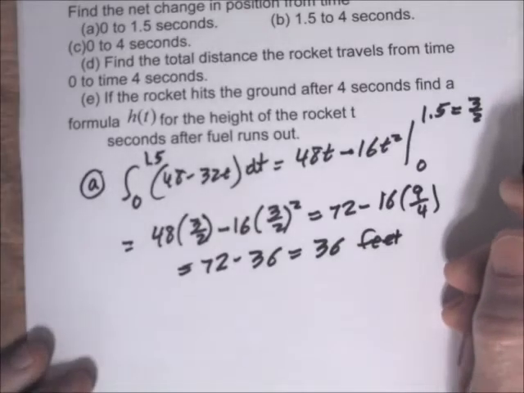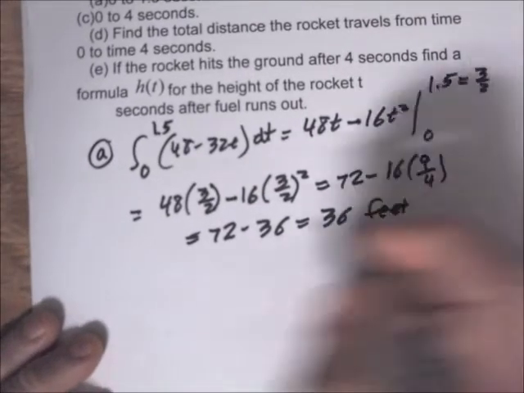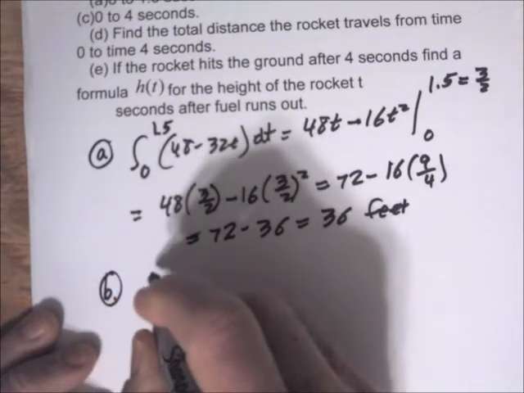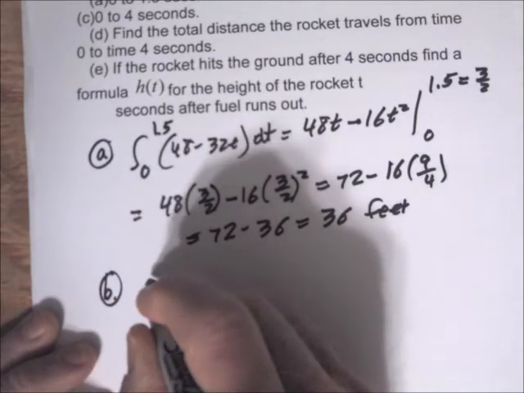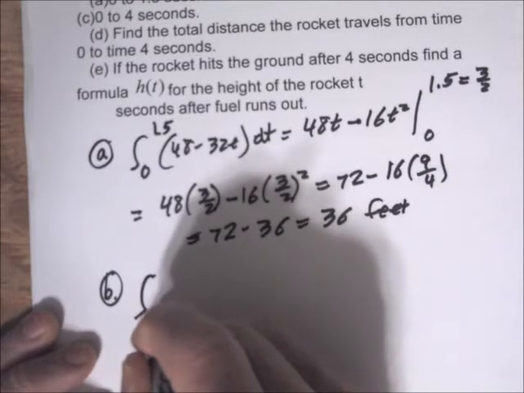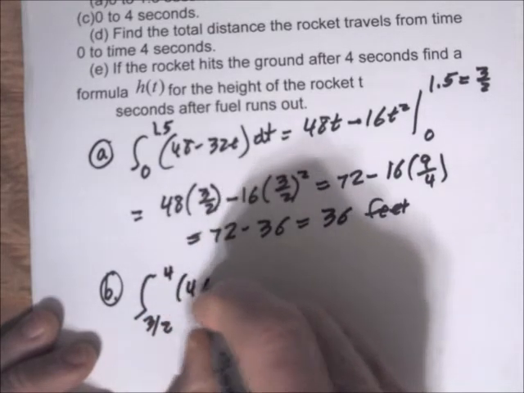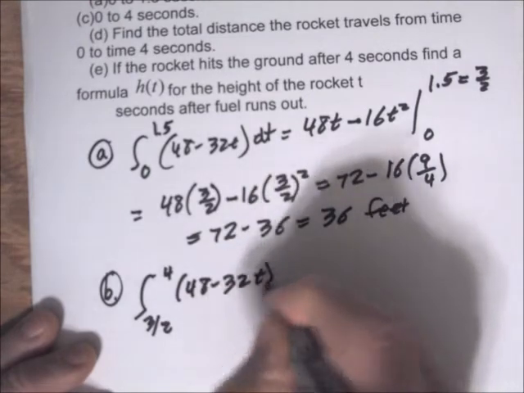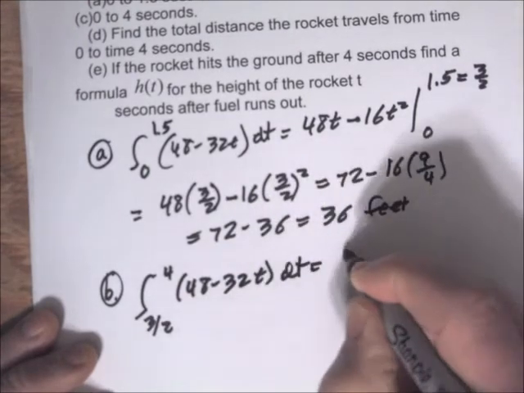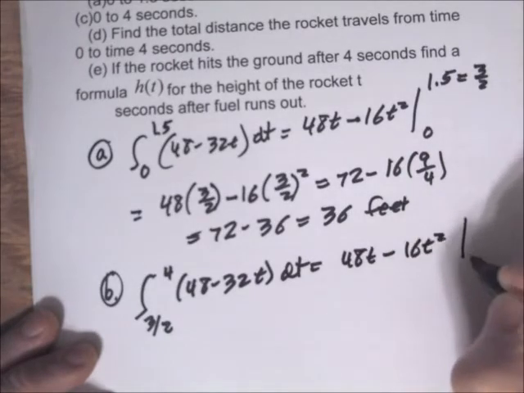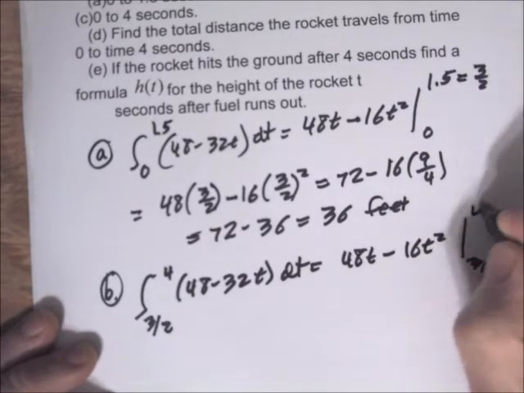Okay, and part B, we want the net change from 1.5 to 4. So the integral from 3 halves to 4 of 48 minus 32t dt. That's 48t minus 16t squared, evaluated at 3 halves and 4.